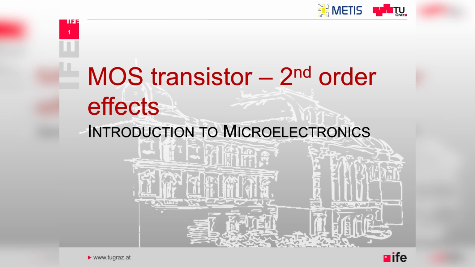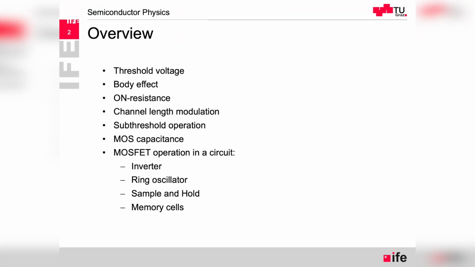But one more missing bit for scaling of technology is also understanding how the transistors are built, some nuances behind the structure and fabrication. So in this part, the topics to cover are the threshold voltage and the related body effect.